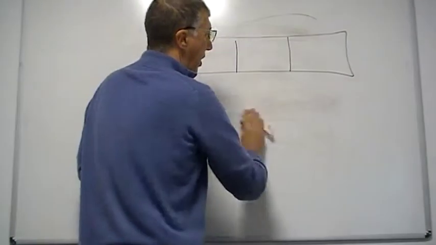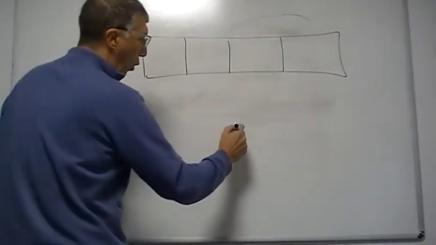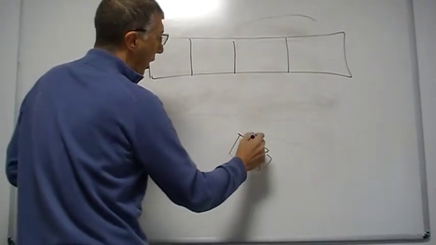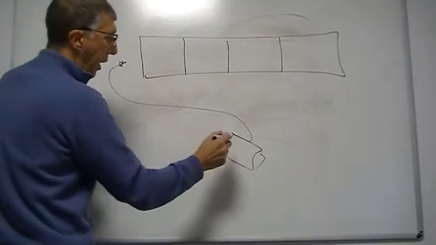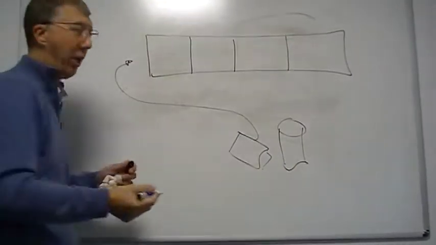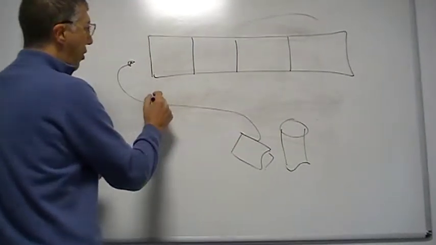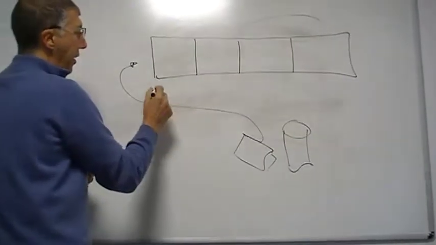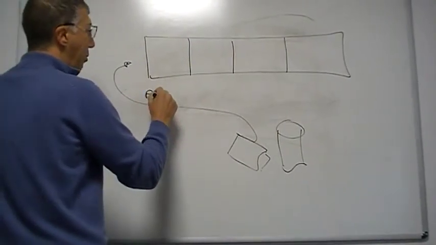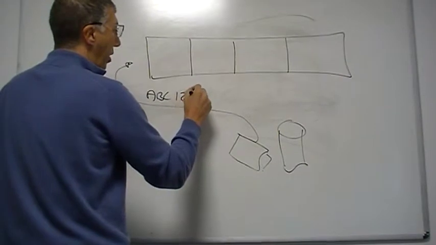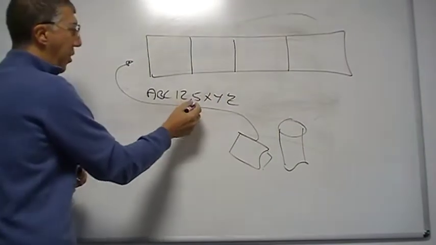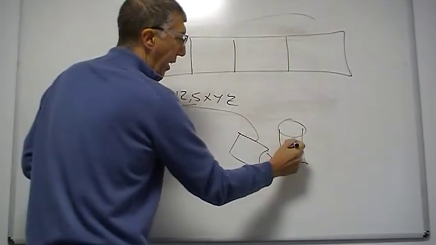For instance, you might have a check weigher connected to the printer, and onto the check weigher you have something like a fire extinguisher arrives. It sits on here and the data is pumped out into here. This data might look something in ASCII terms like ABC 1, 2, 5, X, Y, Z. This being the weight which we want to print on there.